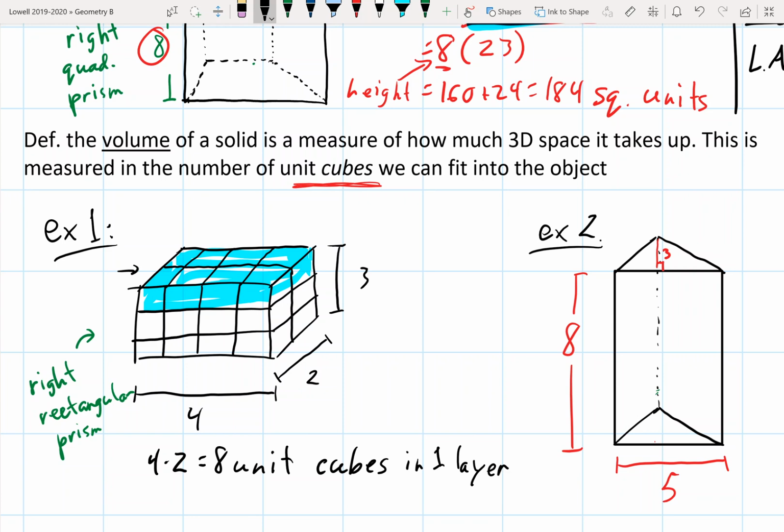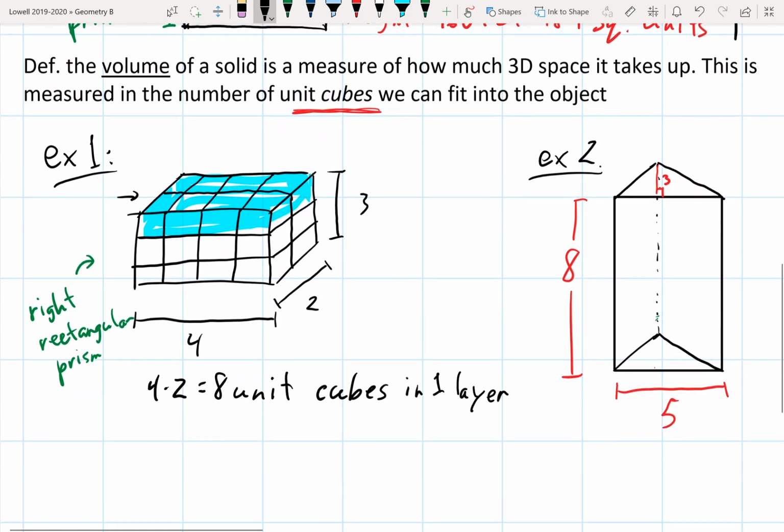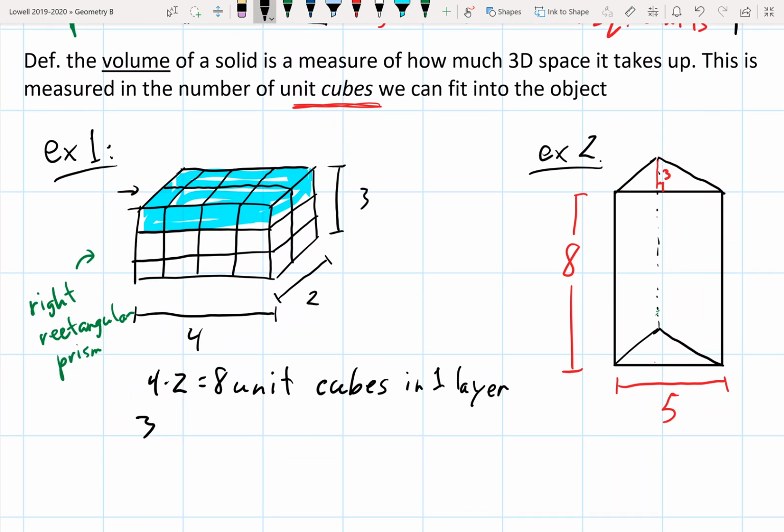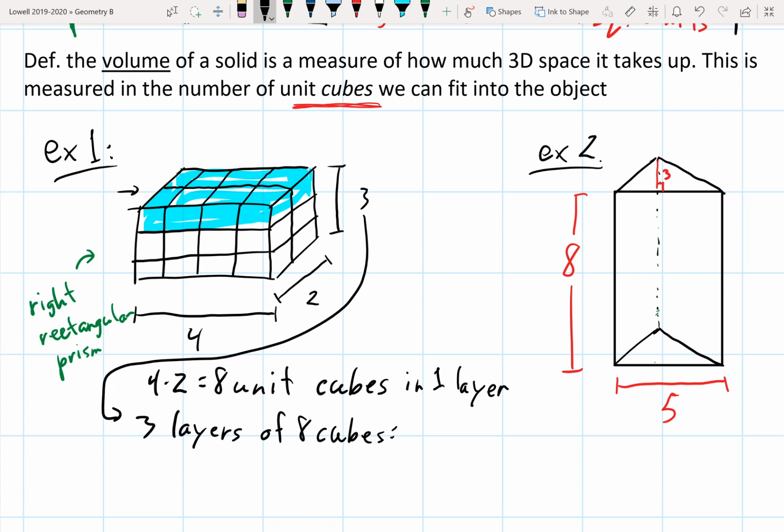And then we use the last dimension, the height of 3, to figure out how many layers there actually are. So 3 layers of 8 cubes equals 3 times 8, which is 24 units cubed. And that would be our volume.